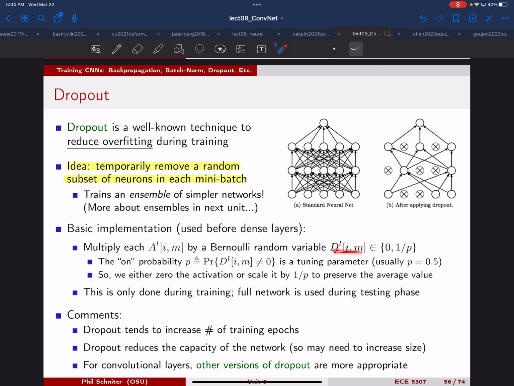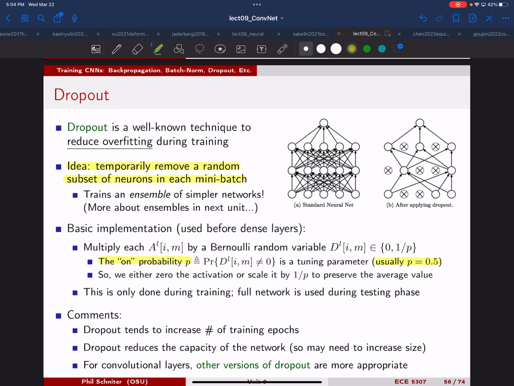We'll call that D. This random variable is going to have an on probability of P. And P is something that you need to choose. Usually P is 0.5, but sometimes you'll try 0.25 or 0.1 or 0.75. You just have to try to see what works best.